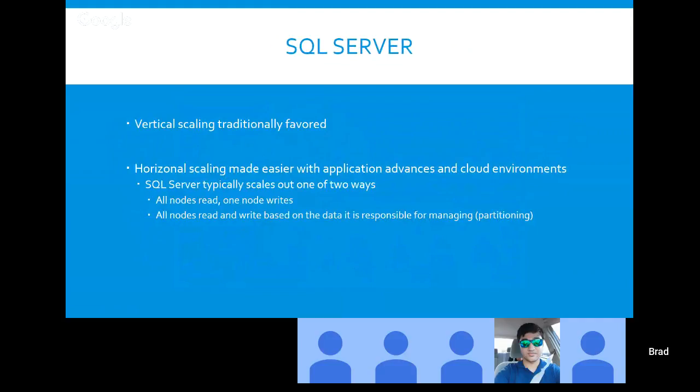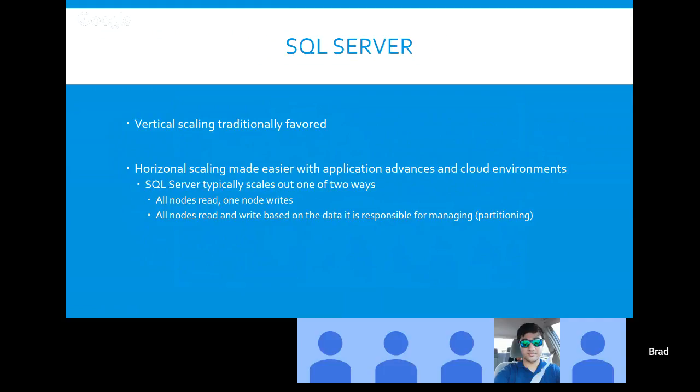When I was researching this specific to SQL Server, I found that vertical scaling has been traditionally favored, mainly for the benefits I mentioned on the previous slide. Horizontal scaling is possible. I found some conflicting opinions on this.